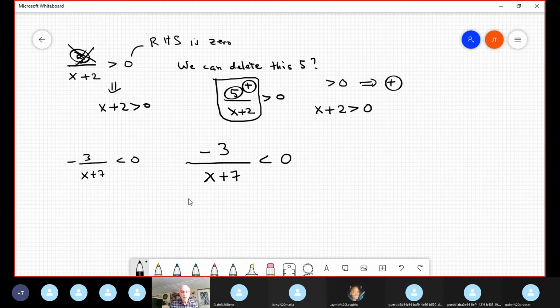The negative is important. But if you multiply both sides of the inequality by -1, then we have 3 over x plus 7. The -1 times 0 is 0, but you know that you need to reverse the inequality sign when you multiply both sides by -1.